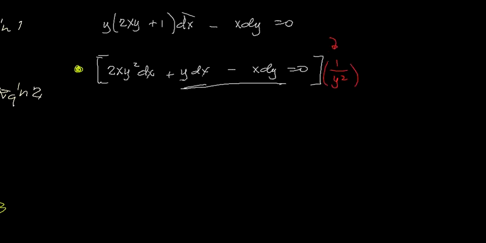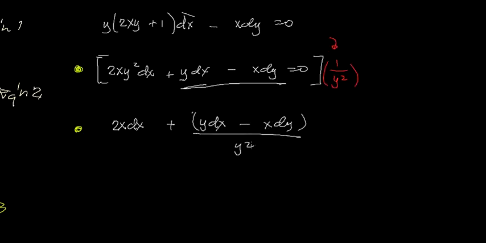If we multiply this, what we have, we can cancel this out, so we have 2x dx plus y dx minus x dy all over y squared, right?